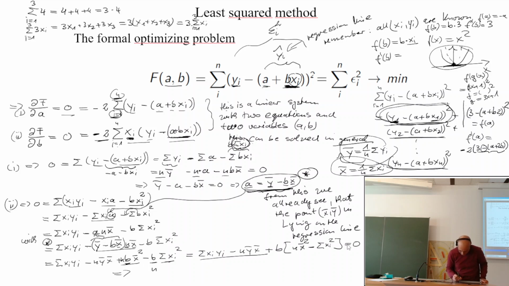So we obtain n times y bar x bar minus sum over x_i y_i, over n times x bar squared minus sum over x_i squared, equals b.